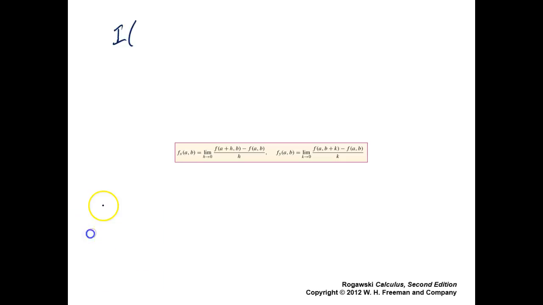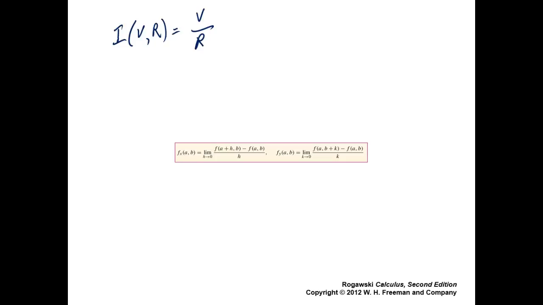And we know what that function is, V over R. If you've had physics, if you haven't, still true. Ohm's law says current is a function of voltage and resistance as V over R.